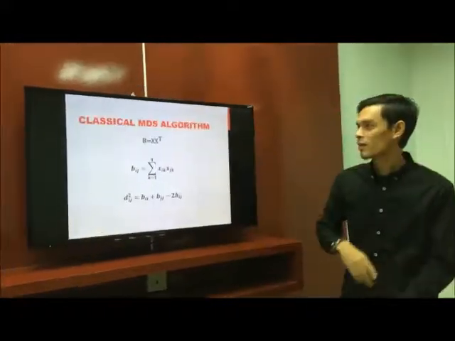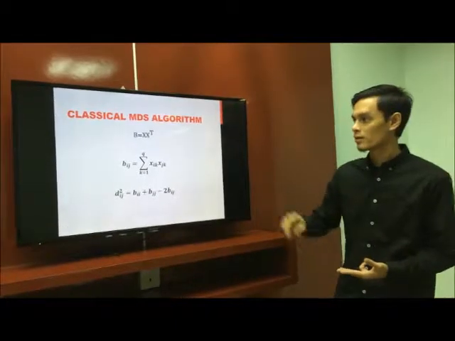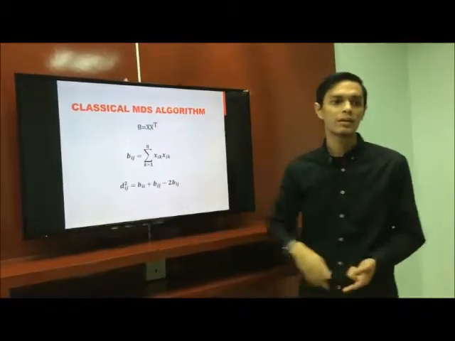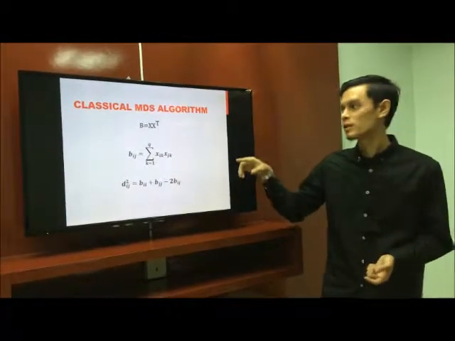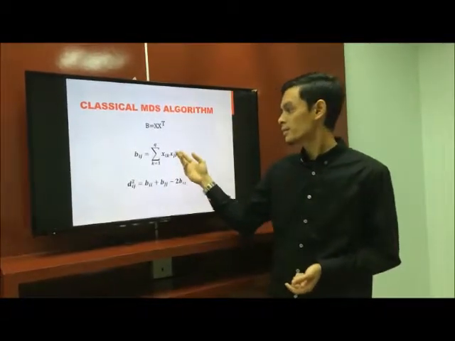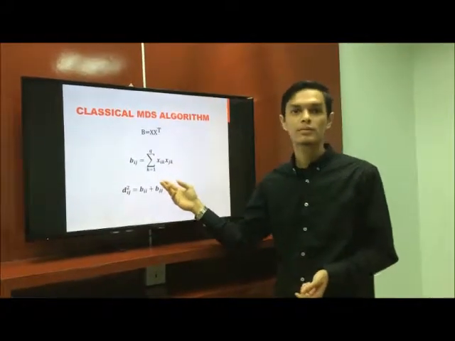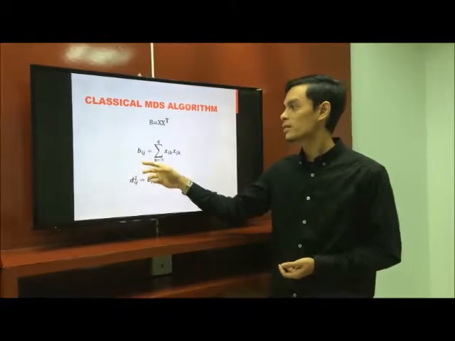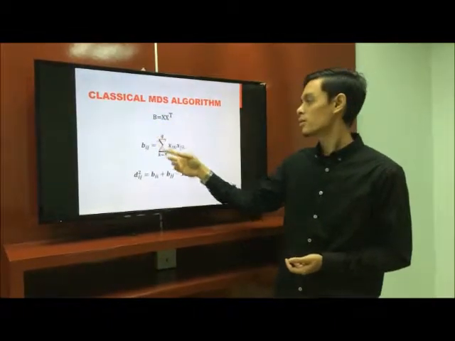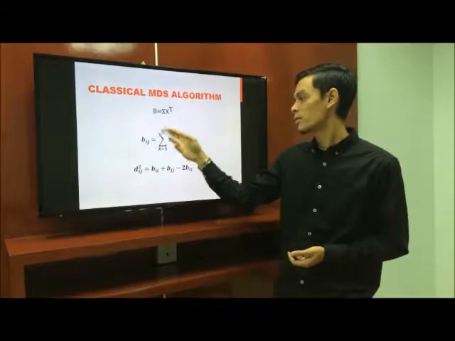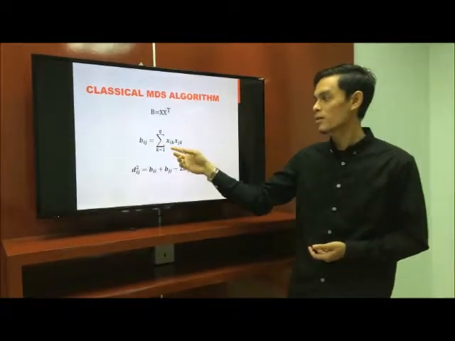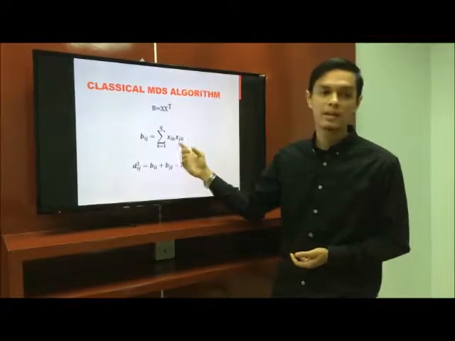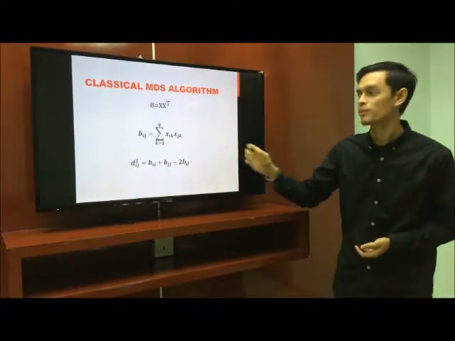For the algorithm of classical MDS, we have this formula: B equals X, the raw data, times X transpose. The element b_ij of B is calculated from this formula: the summation of x_ik times x_jk, for k equal to 1 to q.